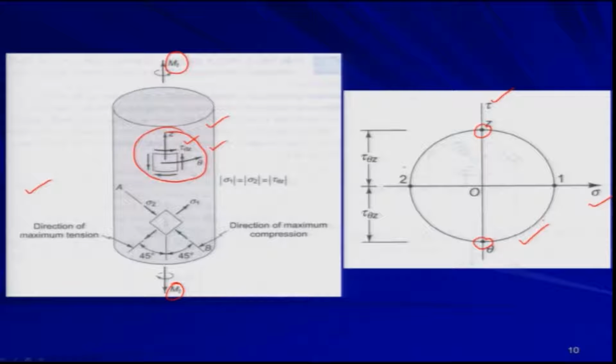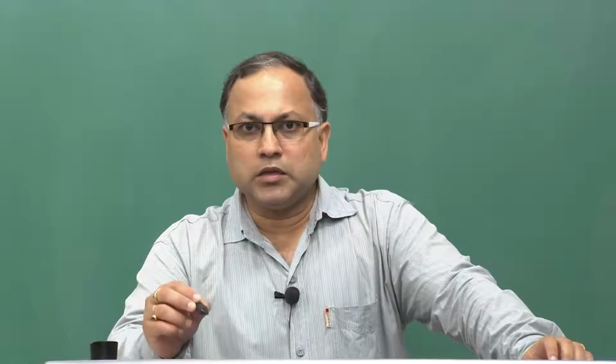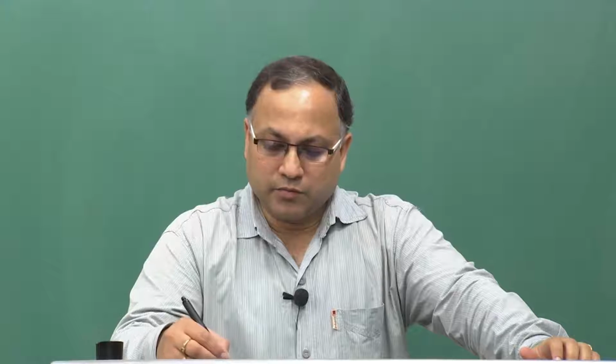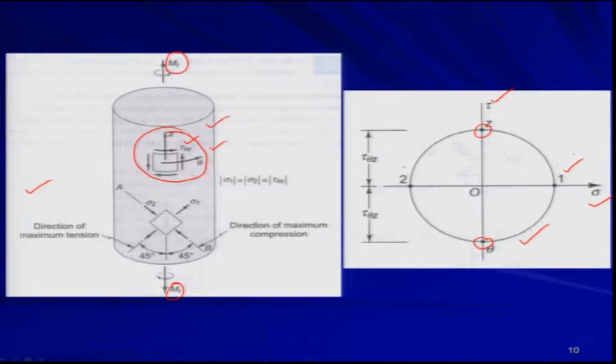Now let us find the major and minor principal stresses, sigma 1 and sigma 2. The magnitude of the major and minor principal stresses is nothing but tau theta z, that is, mod of sigma 1 equals mod of sigma 2 equals tau theta z.